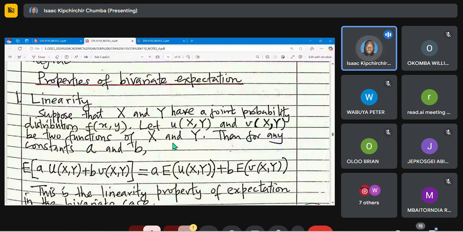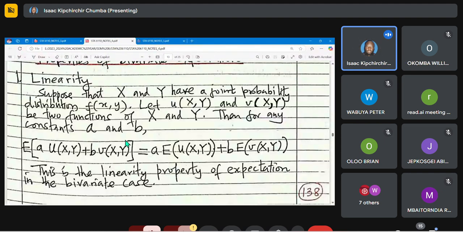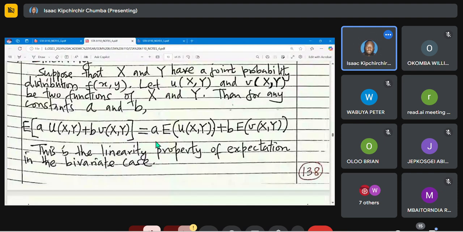Then for any constants a and b, if I want to get the expectation, we have to find a linear function of these functions: a times u plus b times v. The general property says a is a constant, so it will get outside. E as an operator will only act on the random variable, which is u, as a function of x and y, of course, and then plus b times the expectation of the random variable v, as a function of x and y.